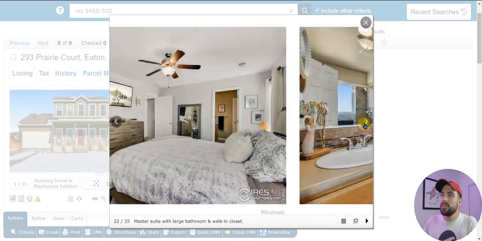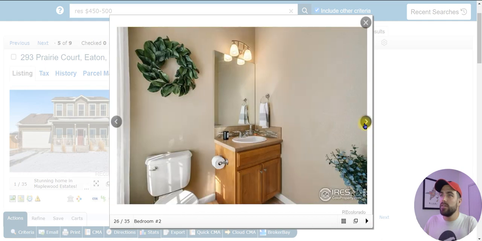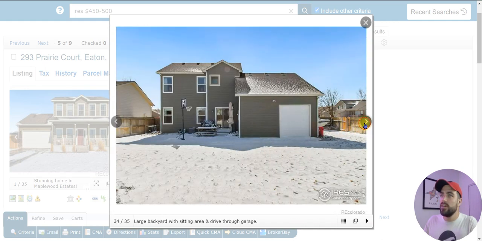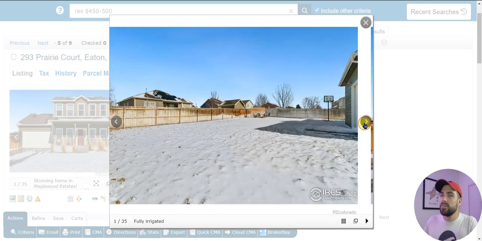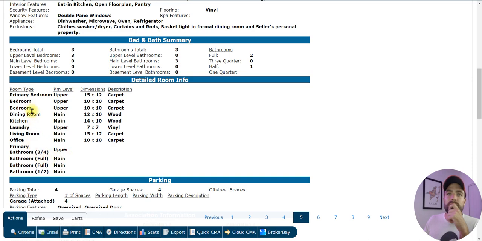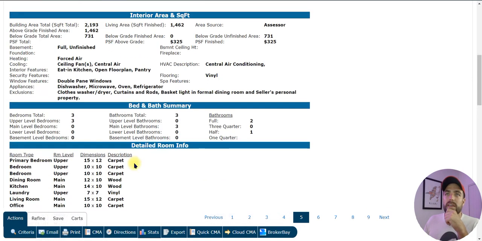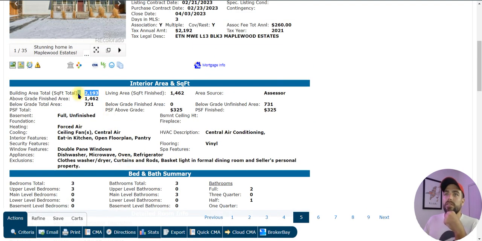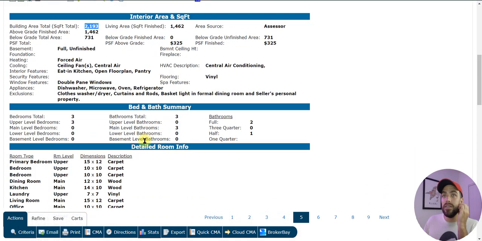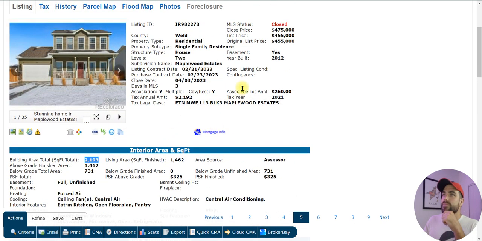Let's see, I'm just going to click through real fast to see if we can get any basement pictures to see if they've got a finished basement. I don't think they've got a basement. Nope, it doesn't look like they have a basement, and they're again 800 square feet less than you. So it is newer. It's 3-bed, 3-bath. It's smaller.